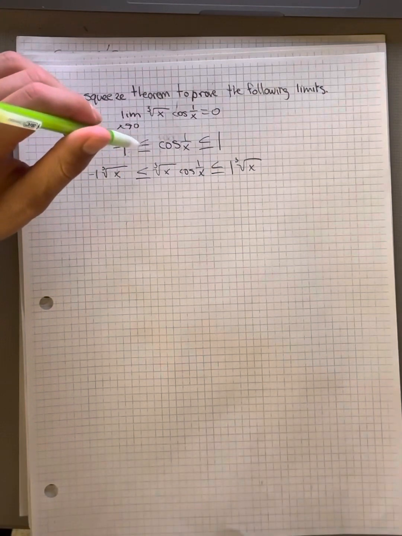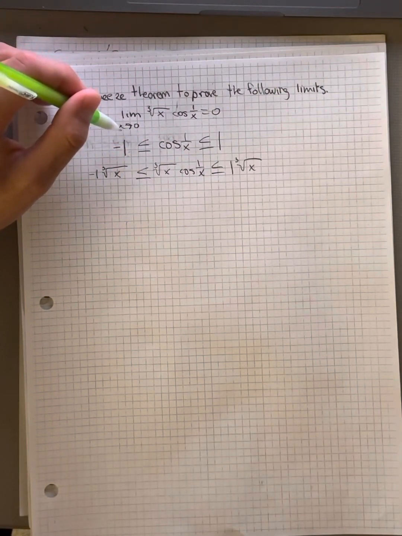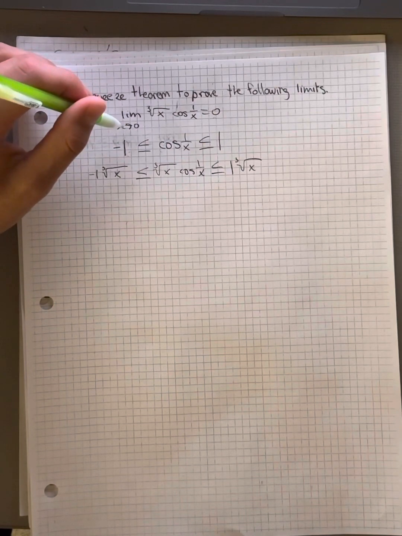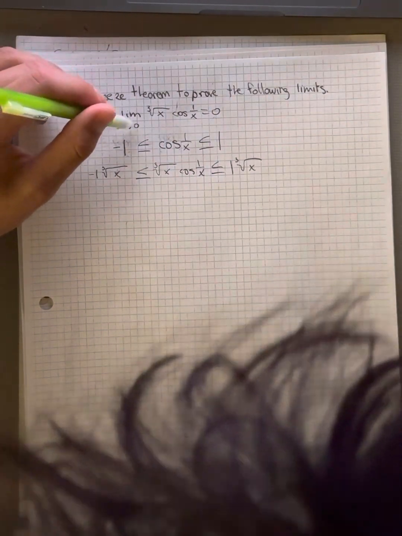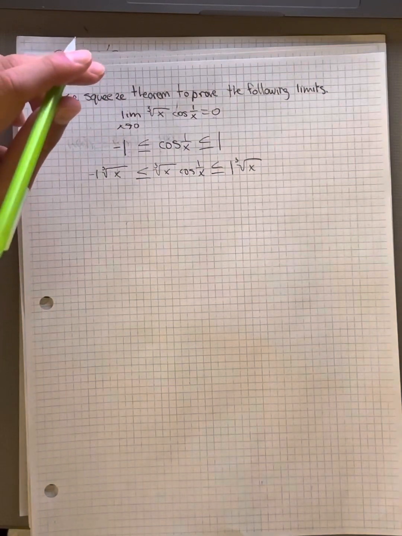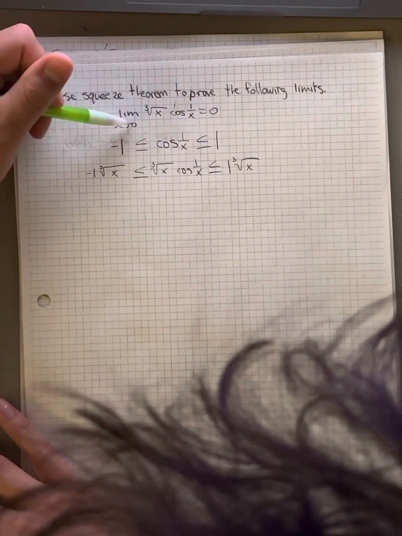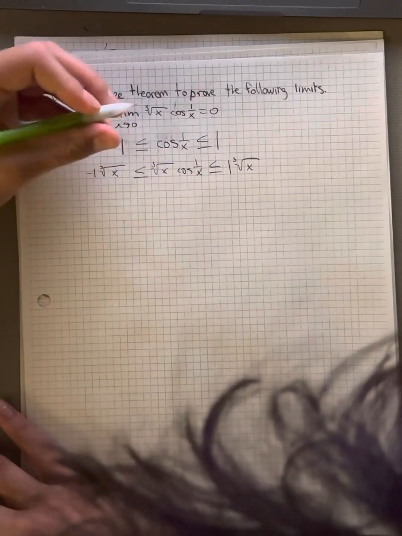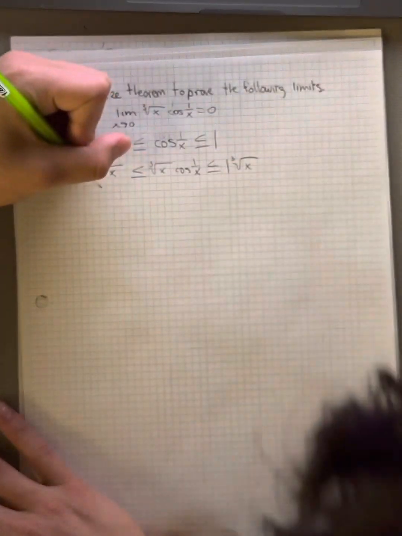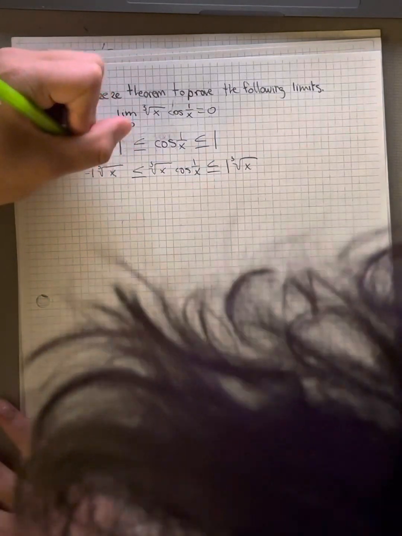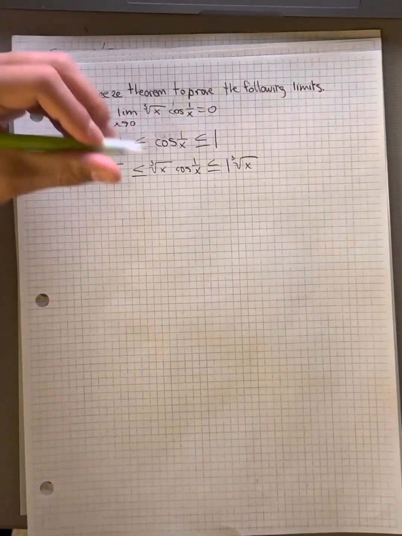And we are approaching the limit as x approaches 0. So we're gonna plug in our x value on both sides, and what we find out is the cube root of 0 is 0, and we know that anything multiplied by 0 is just 0.